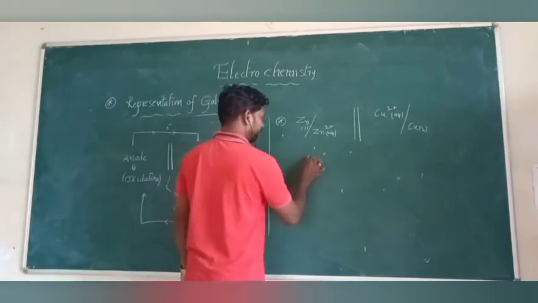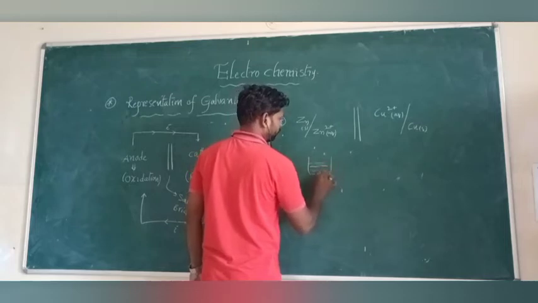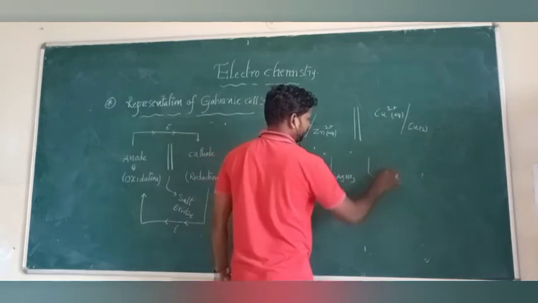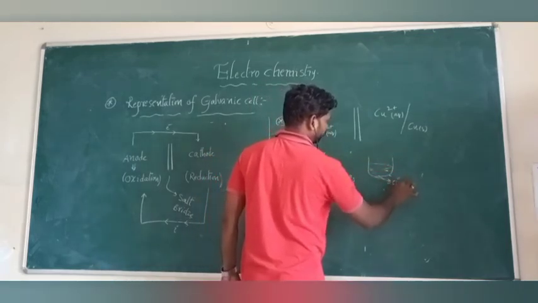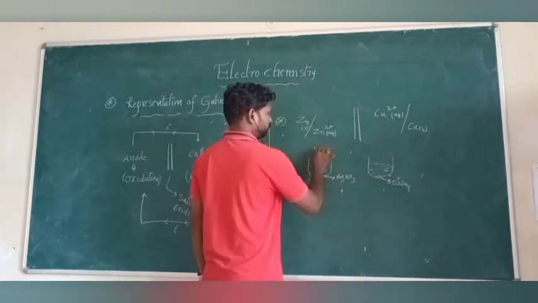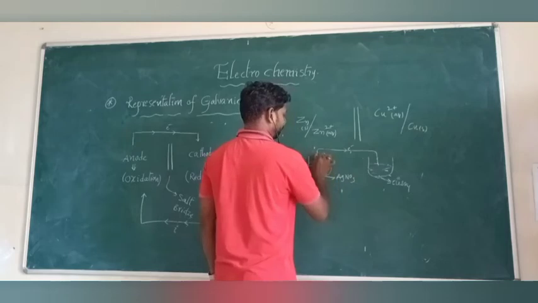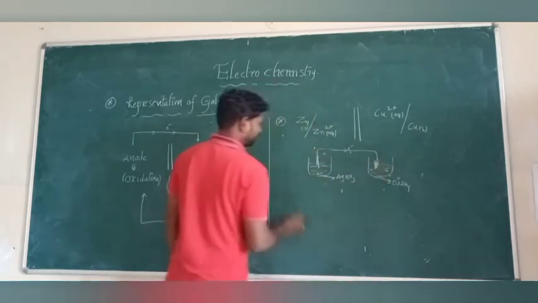At the same time, in another chemical reaction, I will take AgNO3 in one vessel and CuSO4 in the other, and these are connected. The reaction taking place here is oxidation: solid Ag undergoes oxidation and forms Ag+ aqueous.